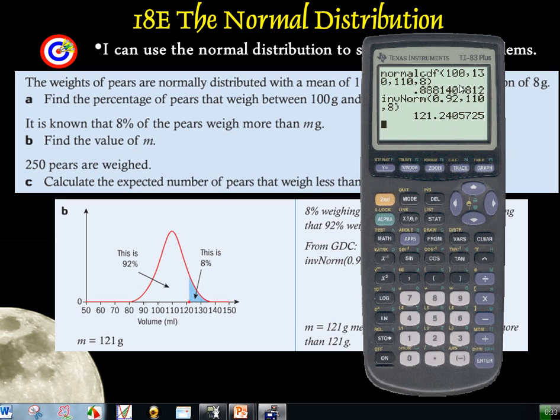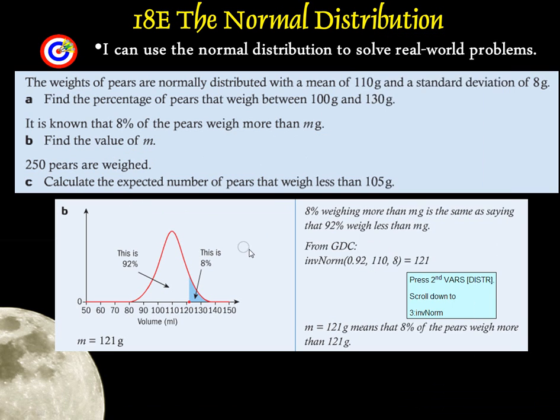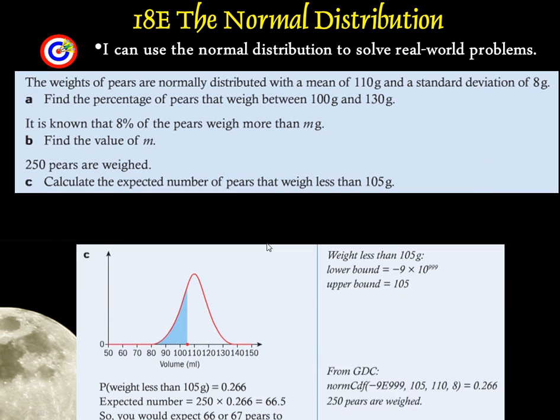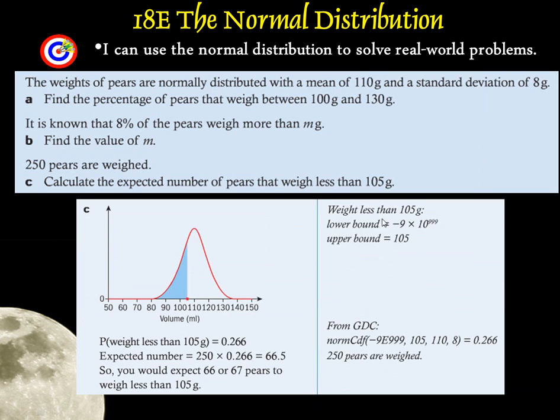Let's try one last piece here, and that's to calculate the expected number of pairs that weigh less than 105 grams. So here's 105, and it's everything below that. It's pretty similar to the first piece, because first we're going to find the percentage, and then we're going to calculate the actual number of pairs that weigh less than 105 grams.